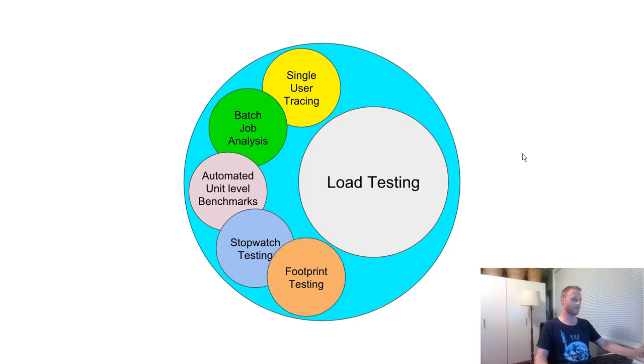And my last example is footprint testing. This would be if you have a single user doing some kind of activity on a system, and in the background you're measuring what the footprint of that session or the user or that activity was. So for a very simple example, it could be what is the memory footprint of that user's session.